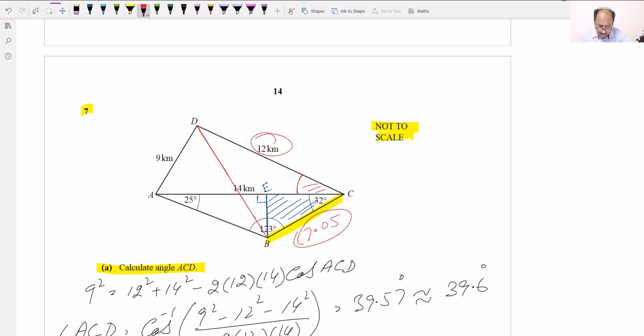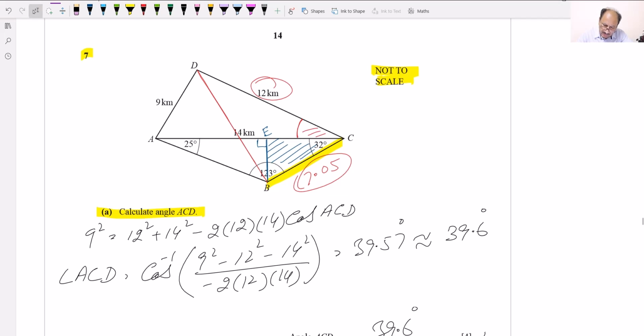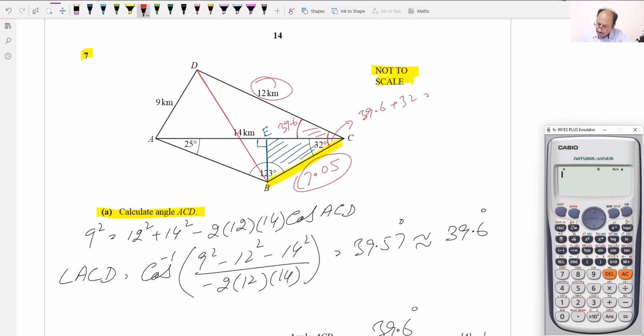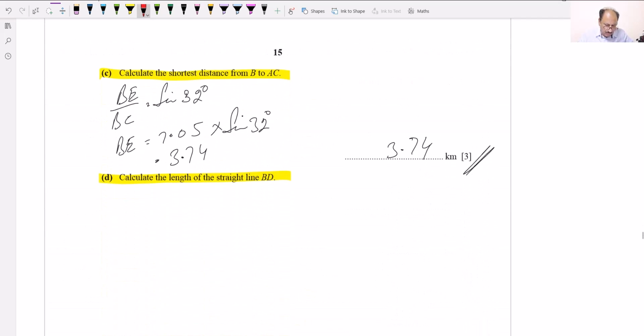Basically we found angle ACD, which is 39.6, and this is 32, so the total angle is 39.6 plus 32, which will be 71.6 degrees. Now we can consider this triangle BCD, and in BCD we will apply the cosine rule.